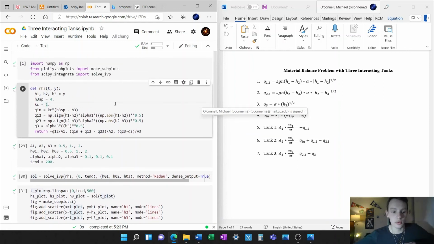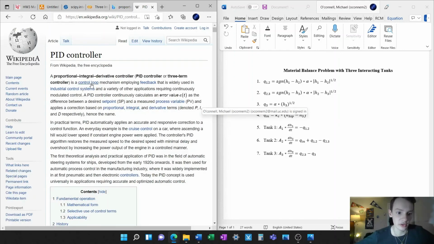And we're not going to deal with this in this video, but the remedy for this is what's called a PID controller, a proportional integral derivative controller. And I like what this explanation has on Wikipedia. It's pretty good, because it says that the PID controller continuously calculates an error.